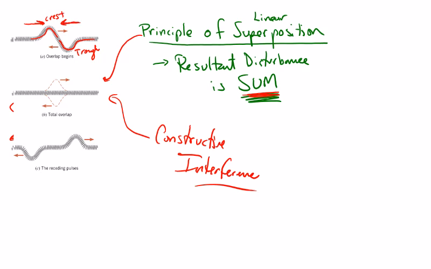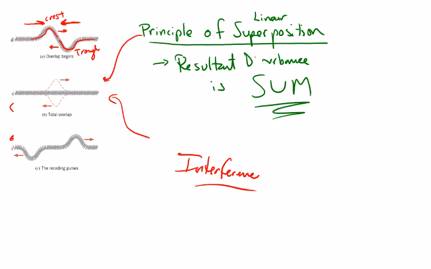But the two waves are still heading toward each other. This is no longer constructive interference. Instead, these two waves are actually going to still create a sum here. So I'm going to still write this as a sum, sorry.